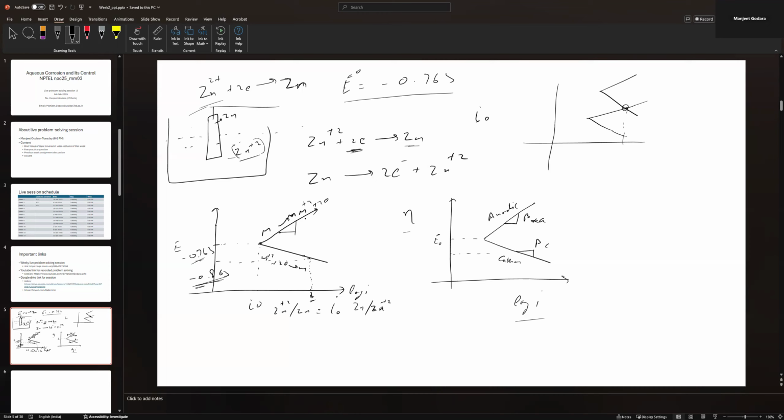If you go to another potential for the electrode, the overpotential would be E minus E naught.